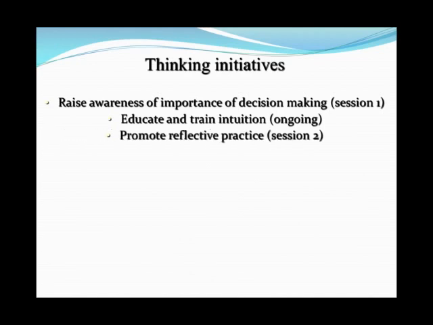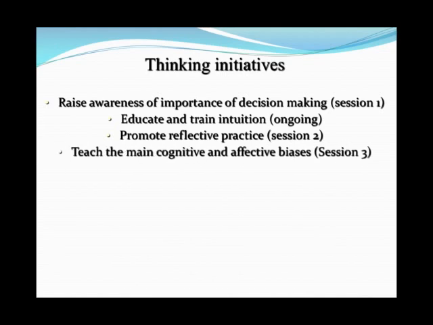Promoting a reflective practice, we talked about this some in session 2: as we're making or implementing decisions, we're reflecting not just on the decisions themselves, but on the whole decision-making process that we used to make that decision. Helping our way of thinking is also teaching the main cognitive and affective biases.